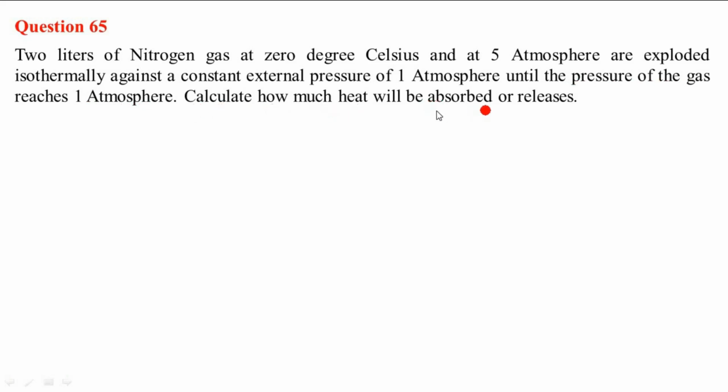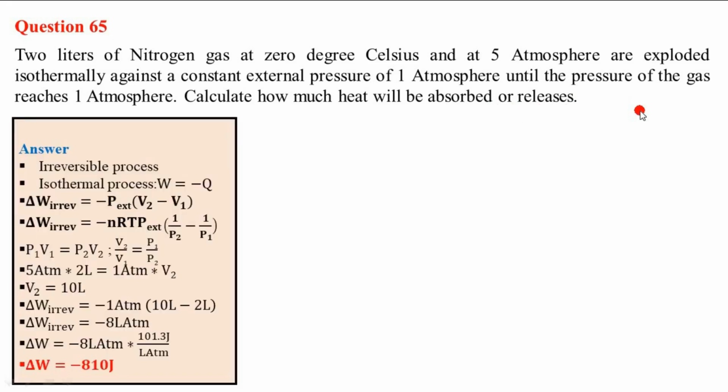and they are asking to calculate how much heat will be absorbed or released by the system. Let's see the formula which is used for an irreversible process when we have isothermal. That means the work done is equal to negative heat, or the heat is equal to negative work done.